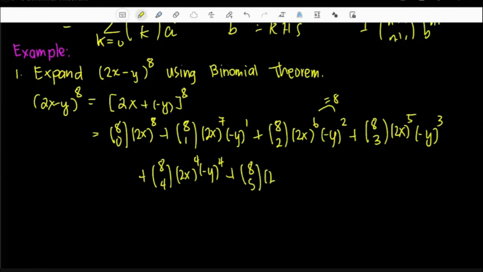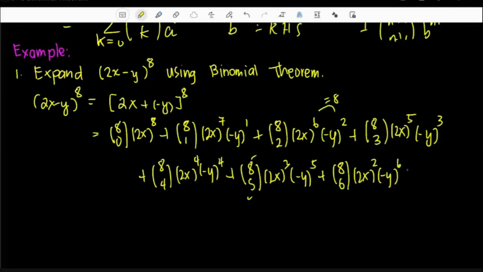Minsan, pag masyado na madami sinusulat mo, mawala ka na sa pattern. Tatandaan mo lang, taas minus baba. 8 minus 5. Yun yung una. Taas minus baba. 3. Tapos baba. 5. Plus 8 taken 6. O de, 2x. Taas minus baba. 2. Negative y. Baba.